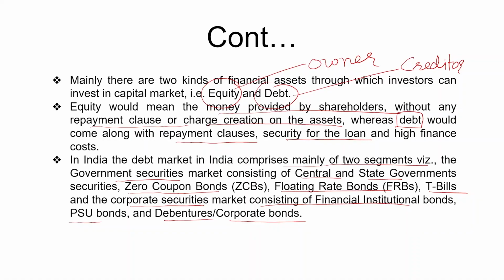In government securities, there is the guarantee of the exchequer, the guarantee of the government regarding repayment of the amount. But in the case of corporate securities, there is no such guarantee of the exchequer or the government. There is a guarantee of the charge, if a charge is created against these securities. We discussed this concept of charge in detail in the chapter on debentures.